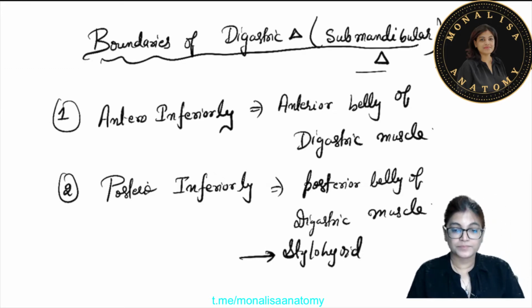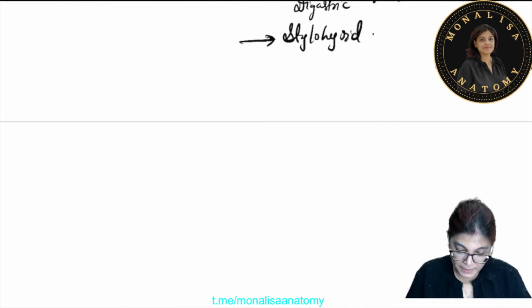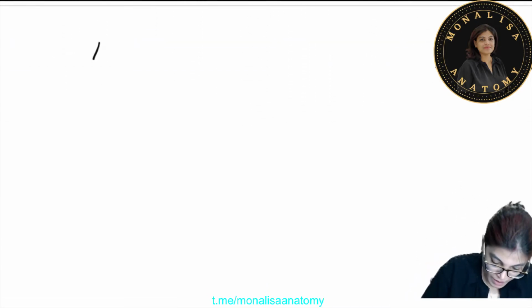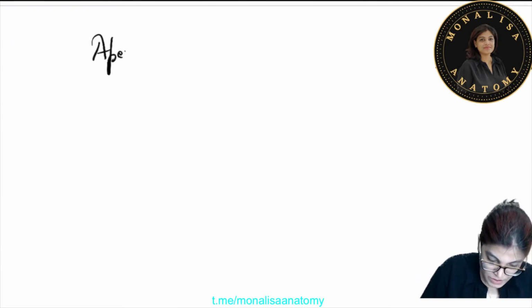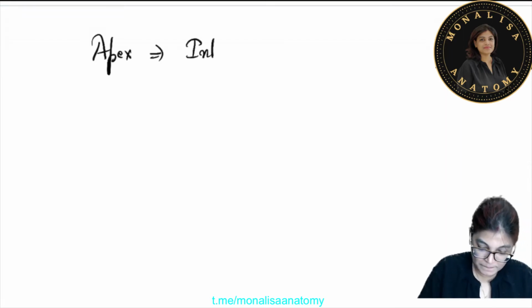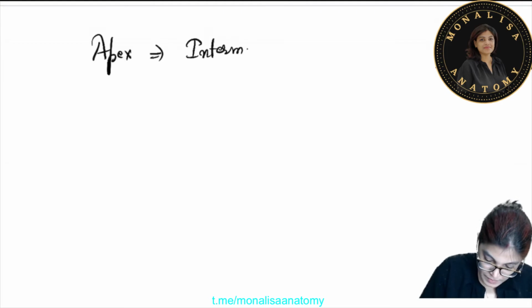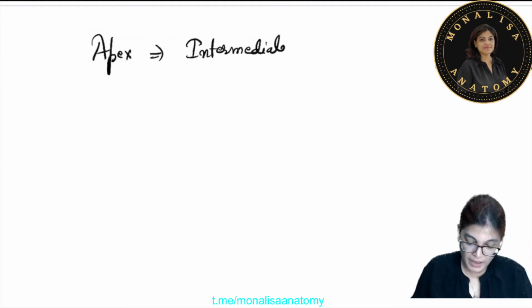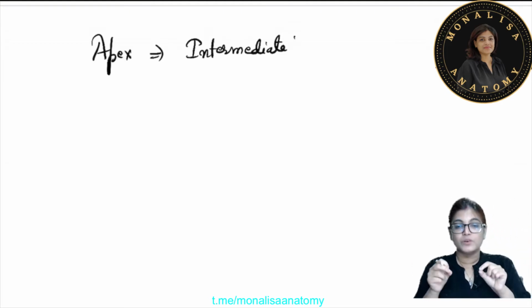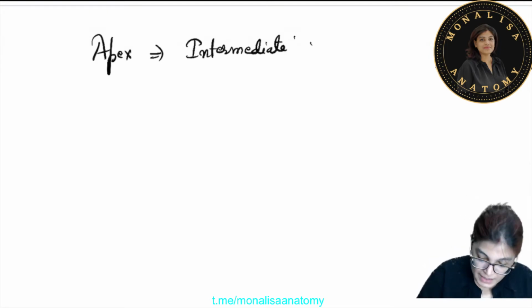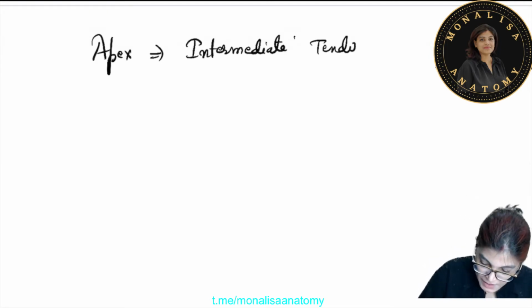Okay, now moving to the apex and the base. Apex is formed by the intermediate tendon of digastric muscle, at that connection.